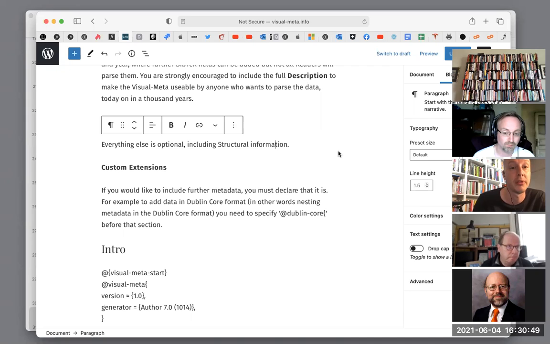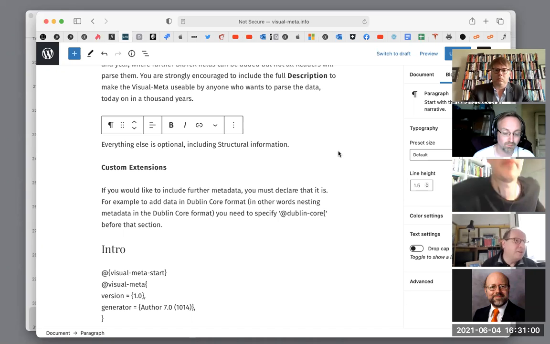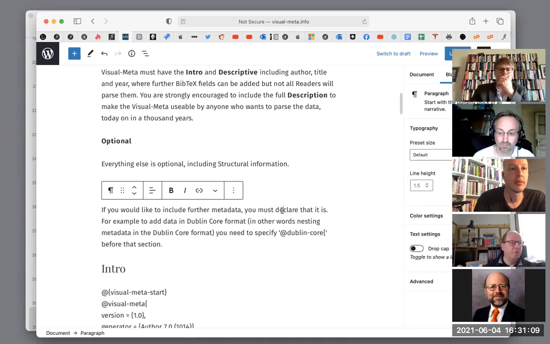So we could have a subset of BibTeX syntax that is mostly valid. Well, that would be Visual-Meta eating its own dog food, in the sense that it too would start with a statement saying, yes, this looks like BibTeX, but it's BibTeX under the following formatting rules.